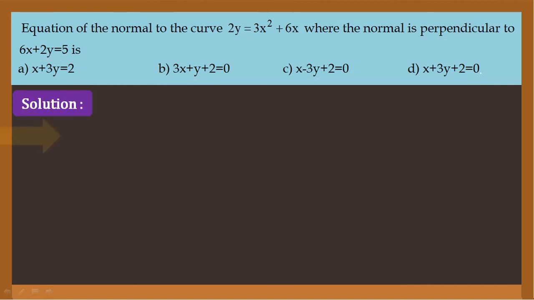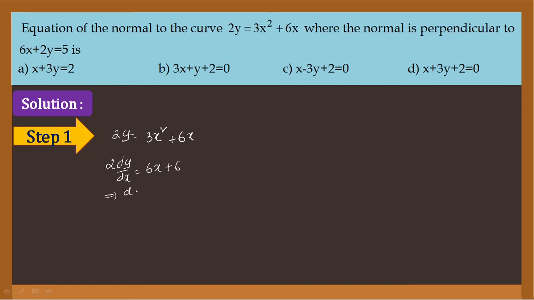Let us find this. Given curve is 2y = 3x square + 6x. Now differentiating with respect to x on both sides, we get 2 into dy by dx = 6x + 6. This implies dividing with 2, we get dy by dx = 3x + 3.